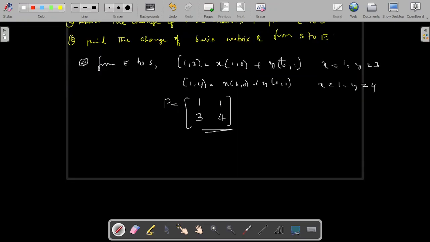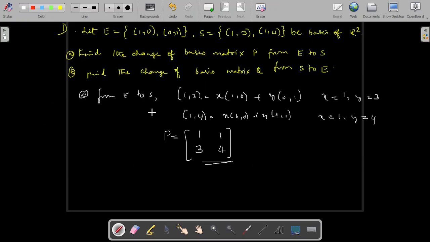Okay. This matrix P takes the coordinates of any vector V in S to the coordinates of the vector V in E. For example, if you have a vector (1, 3) in S, what it is called in E is obtained using the matrix [1, 1; 3, 4] times (1, 3).